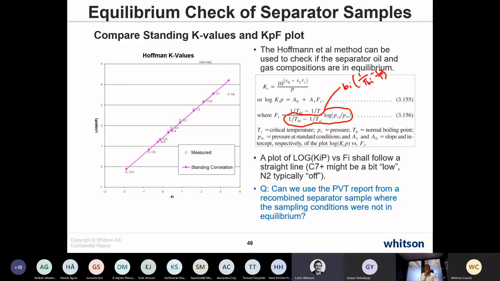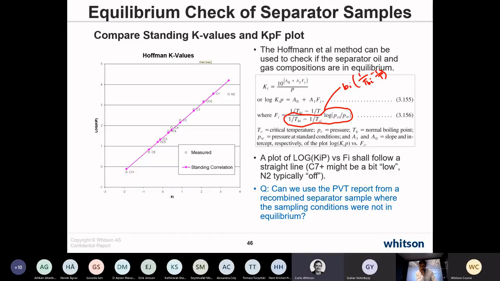So you actually have two compositions: the one from the mathematical recombination of the separator samples and the one from the physical recombination that's then analyzed. If those two are consistent, you feel comfortable that you know what's in the PVT cell. You can then take the PVT measurements and use that data in developing the equation of state.